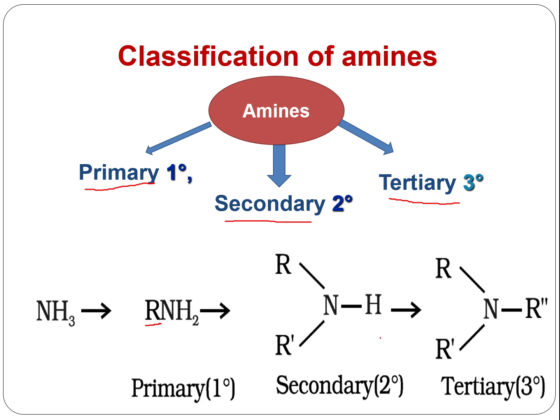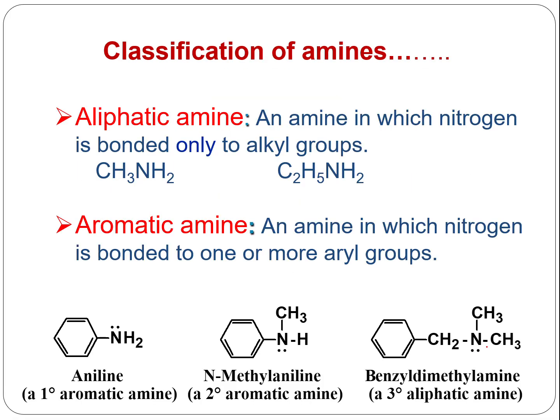If two hydrogens are substituted by alkyl or aryl groups, it is called a secondary amine. And if all the three hydrogens of ammonia are substituted by alkyl groups or aryl groups, it is called a tertiary amine.